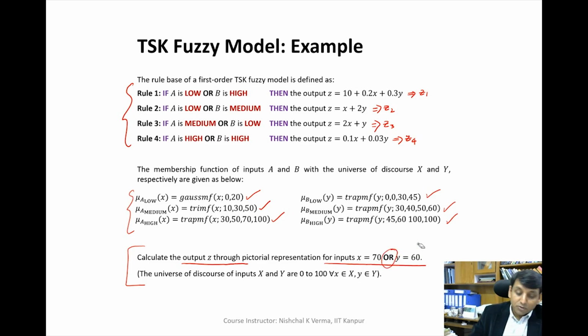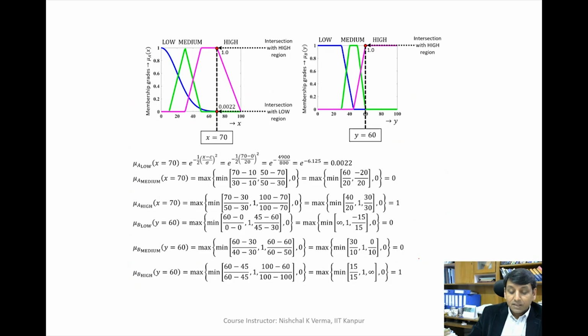So here also you see the connective: instead of AND we have OR. If we have this kind of situation, we know what to do. So we have the inputs x is equal to 70 or y is 60. Let's now proceed with this.